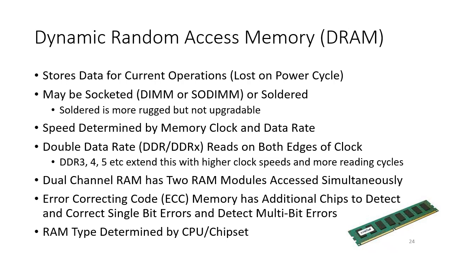Now, besides speed, you can also get error correcting code, ECC memory. This has additional chips, so it costs a bit more money, and it also needs support from the CPU. But the benefit here is if you do get a single bit error, then that can be detected and corrected. And if you get multi-bit errors, that can at least be detected. So for critical applications where it's very important what your memory is doing, then ECC memory is well worth having.